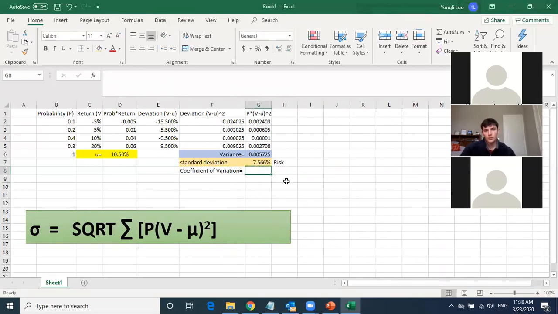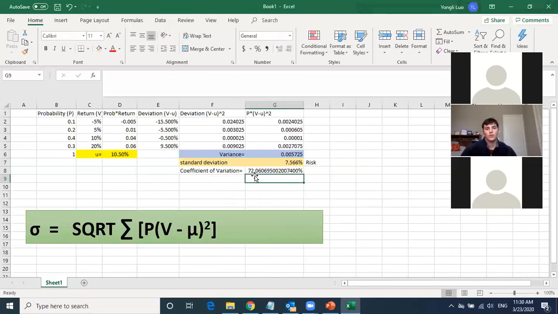So the coefficient of variation is the standard deviation divided by the expected return. So this is the coefficient of variation.